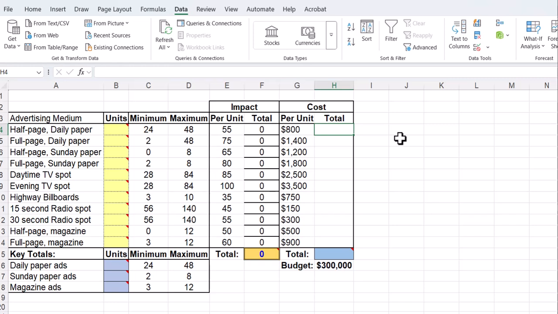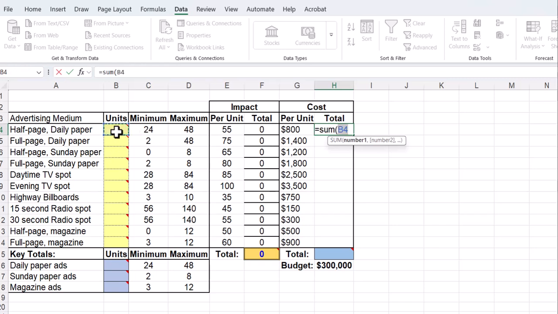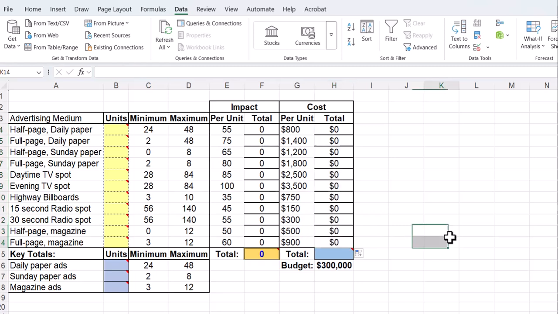Cost is going to be a function of units times per unit cost. So here I'm just going to take my units times my cost. And I know it's weird because you're multiplying by an empty cell, but Solver will populate those yellow cells for you, so something will be there. Now this is my constraint.